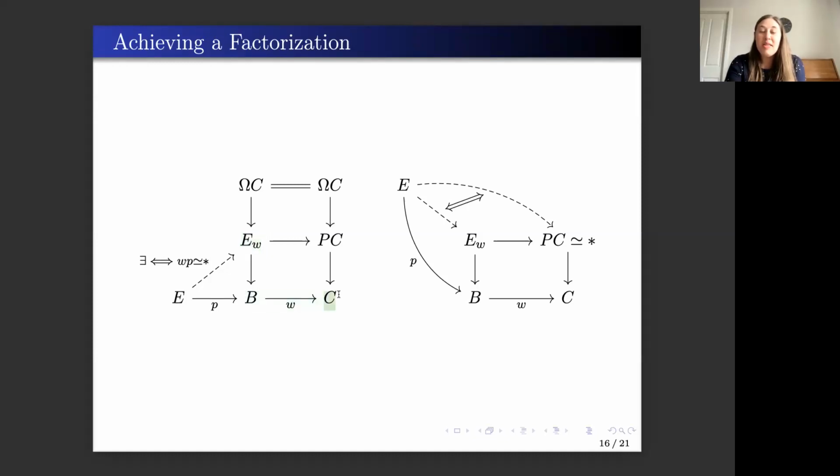I just want to comment on this space C for a second. C in the classical Moore-Postnikov theory context is just going to be an Eilenberg-MacLane space. In the slightly less classical version, it could be a product of Eilenberg-MacLane spaces. For me, because my fibration is horrible, it's going to be a generalized Eilenberg-MacLane space or a product of such things.